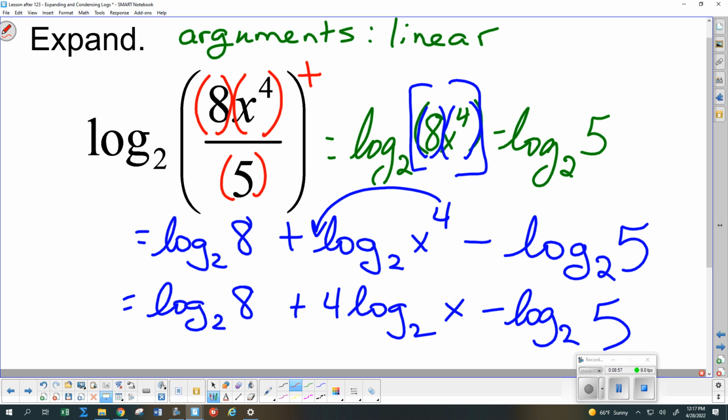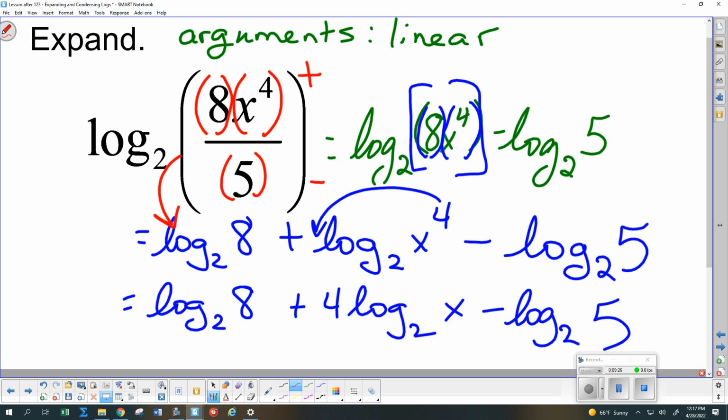Anything in the denominator, even if I also had a z cubed or something else down here, I'd write out with a minus in front of it. So I could have gone straight to this step, log base 2 of 8, a positive out in front, log base 2 of x to the 4th, a positive out in front, log base 2 of 5 with a negative out in front.